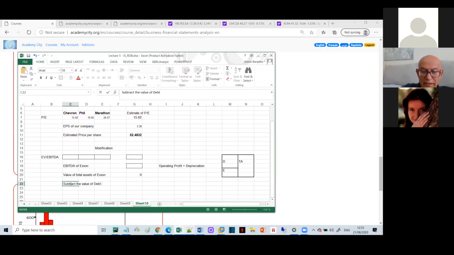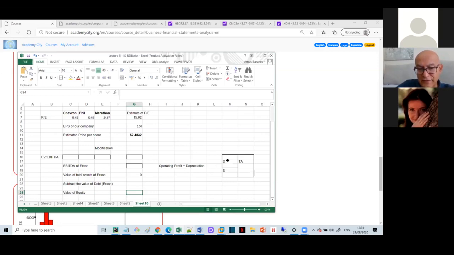I'll write it here, Exxon. After I put the value of the debt here, this is the value of the total assets. This is the value of the debt. That will be the value of equity.